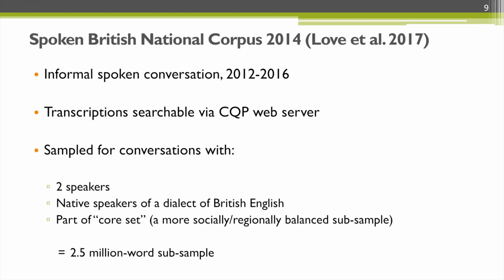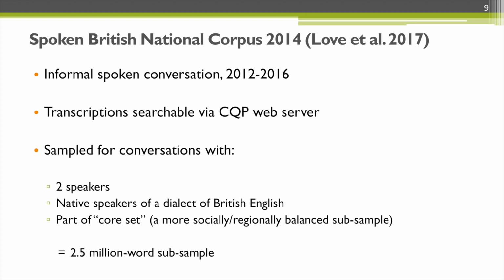So to explore this, I used the British National Corpus from 2014, because there's a newer version now, which includes spoken conversation from 2012 to 2016. Currently these transcripts are searchable via a web server.